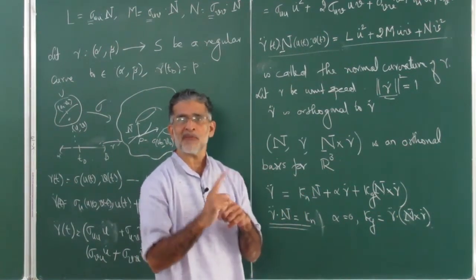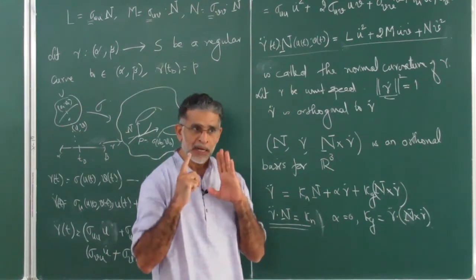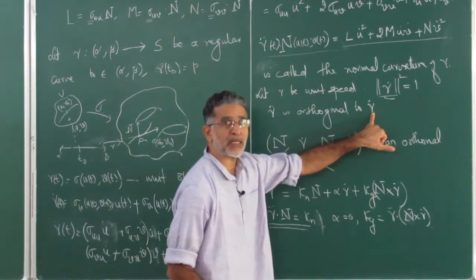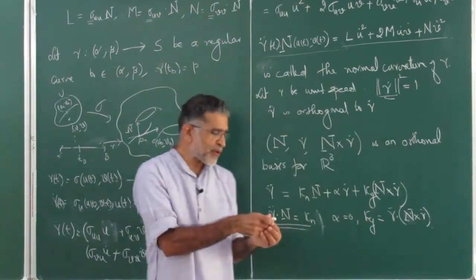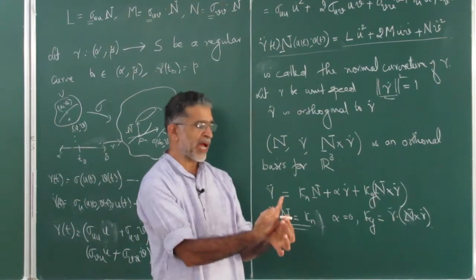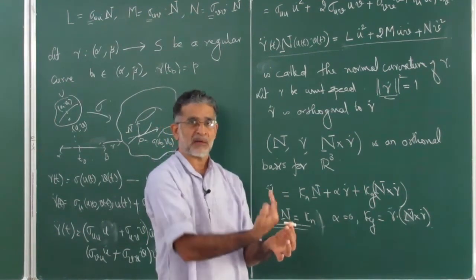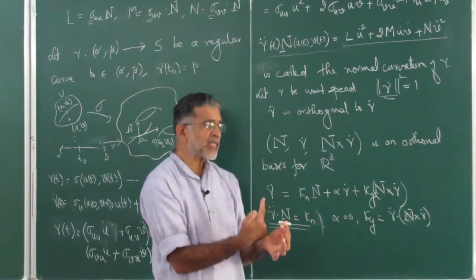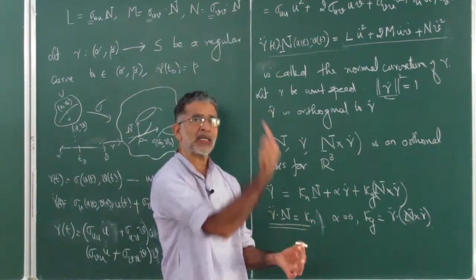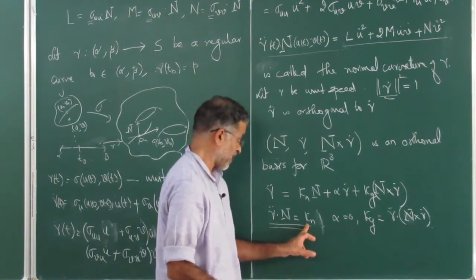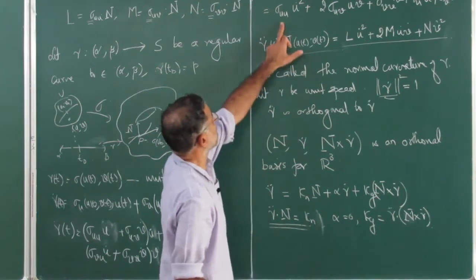So it will lie somewhere in R3, but orthogonal to gamma dot. So you have your tangent vector, you have a plane perpendicular to that. So your gamma double dot will be a vector here. We don't know which vector it is. So in this vector, what is its component in the normal direction, the vertical direction? That's exactly what you get here.